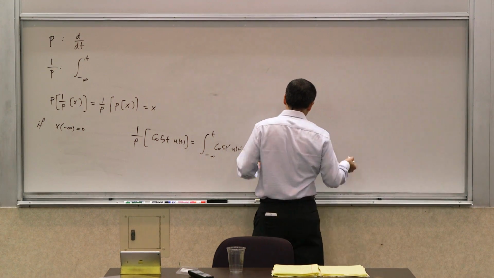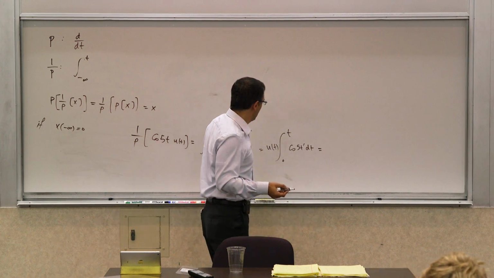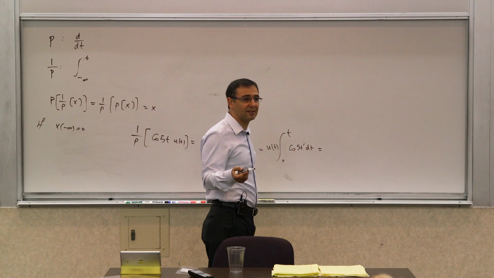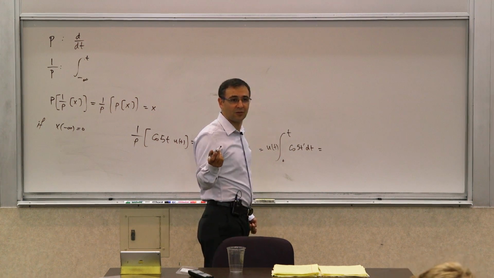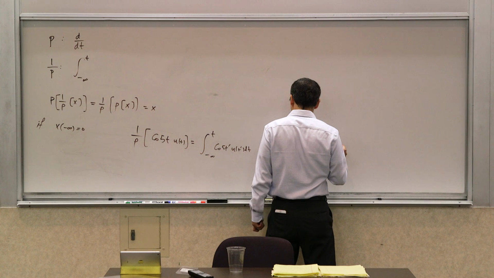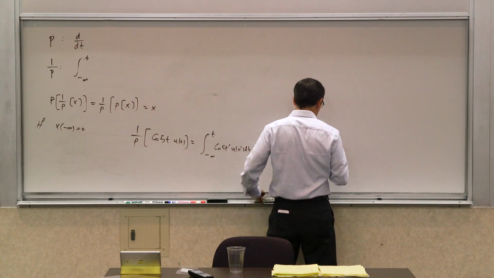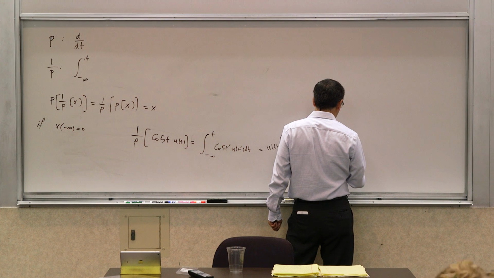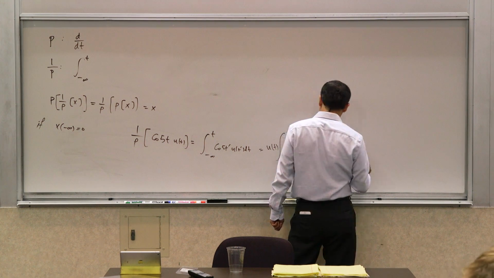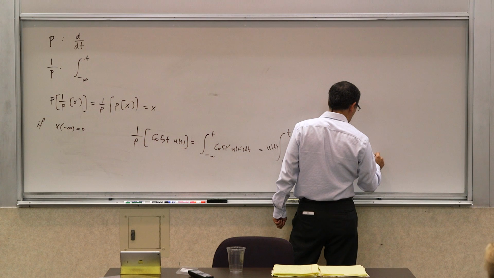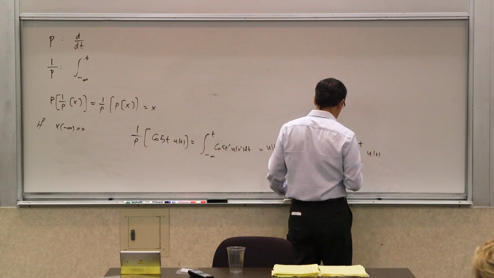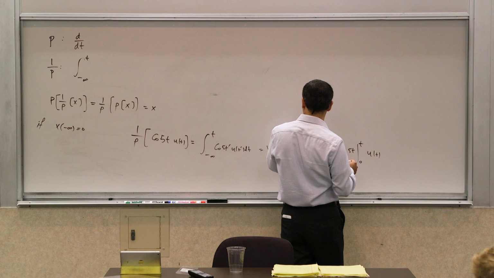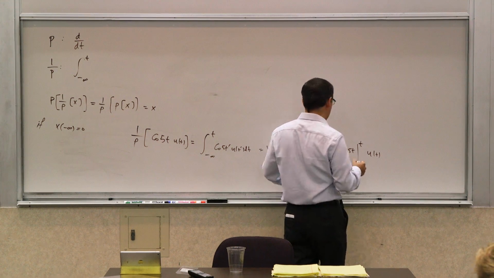And when you do this, what is the integral of this? What is the indefinite integral of cosine of 5t? It's 1/5 of sine of 5t, evaluated from 0 to t, times u of t. I'm sorry? Why negative? Indeed, why negative?